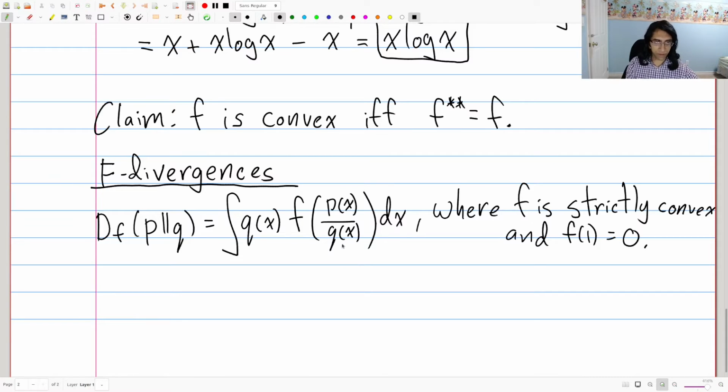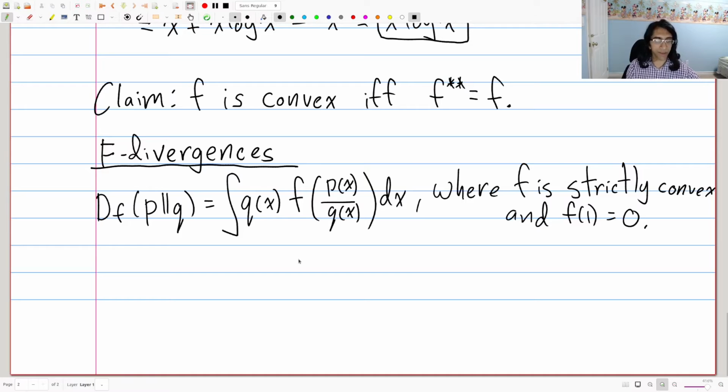And if the two distributions are equal, well, naturally that distance should be equal to 0. So suppose you take p and q to be the exact same. Well, in this ratio, then we'll have that p(x) is equal to q(x), and therefore this term inside here will become 1, and therefore the whole thing will become 0. So this is kind of useful in terms of making it so that if the two are the same, then it's going to be equal to 0.